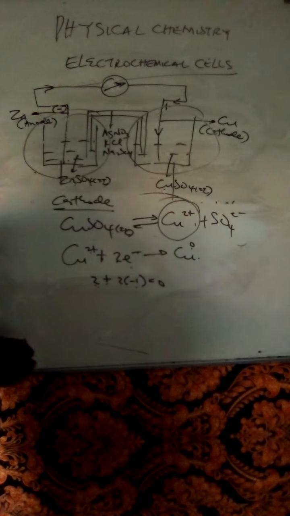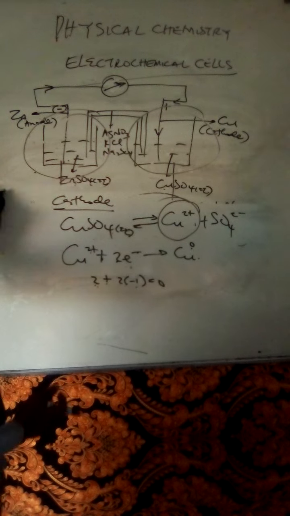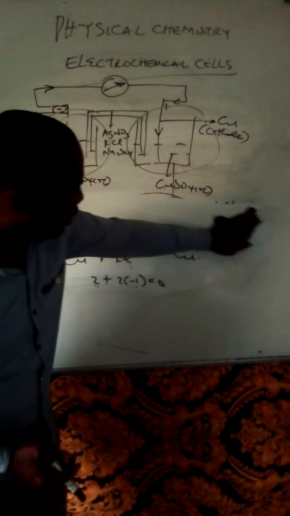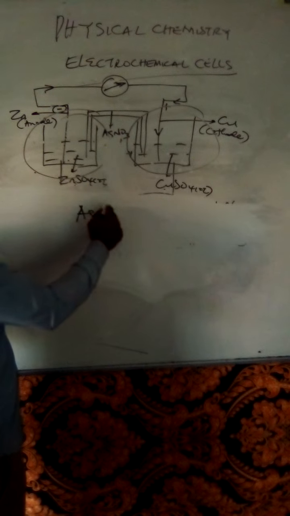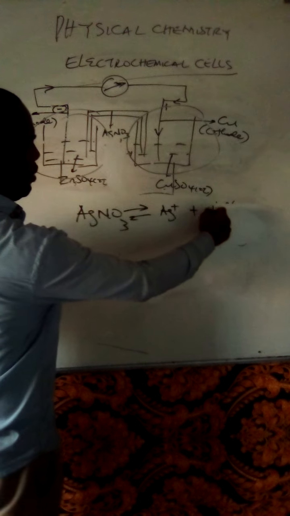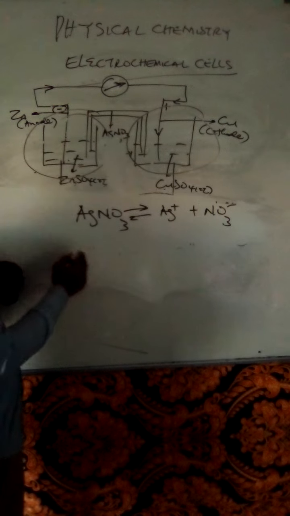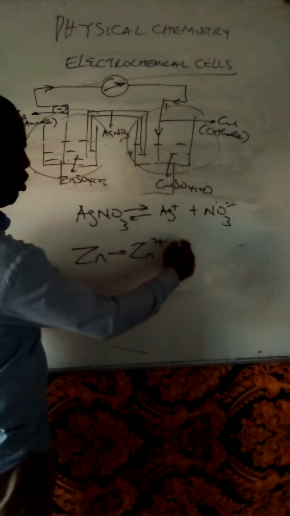Okay, having understood the concept of the electrochemical cell, what of the salt bridge, the chemical in the salt bridge? For instance, let's assume that we have silver nitrate in the salt bridge. Silver nitrate will split into silver ion and nitrate ion. From what we discussed at the anode, oxidation took place by zinc going into solution.